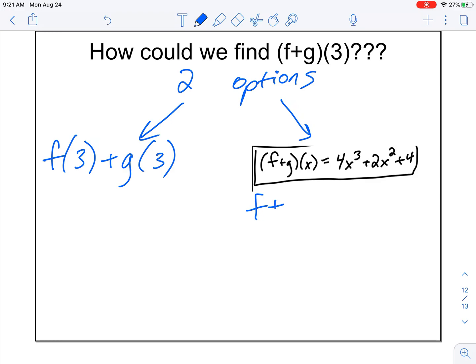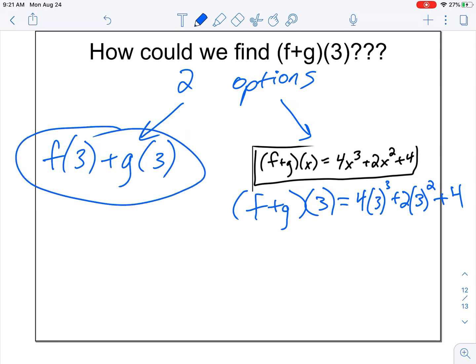So if I wanted f plus g of 3, I don't have to do the 2 steps I did over here. I could just take that 3 and plug it in to that new function I found here, plus 2, 3 squared plus 4. So this is the advantage to doing these operations.